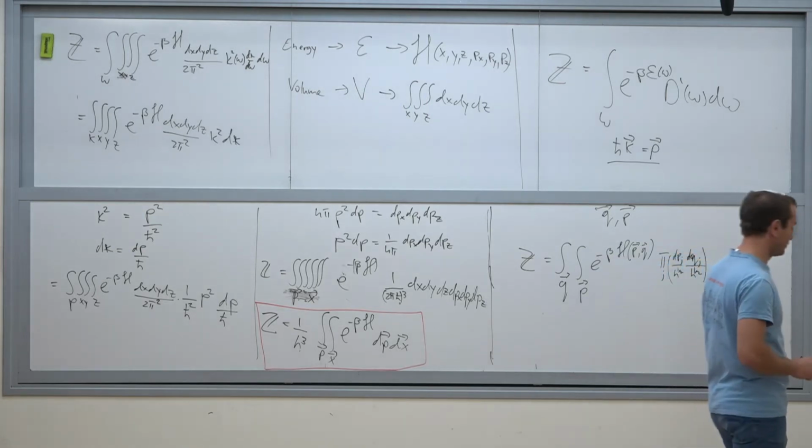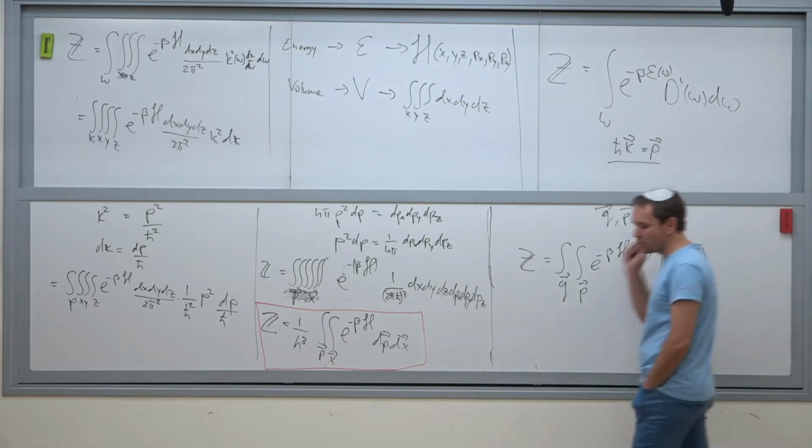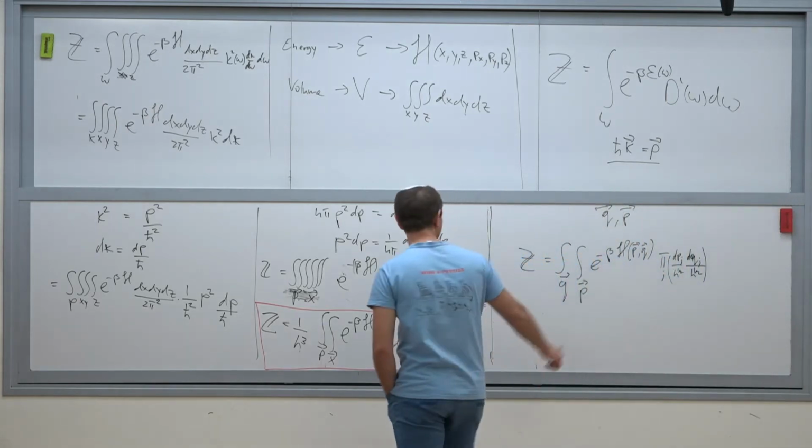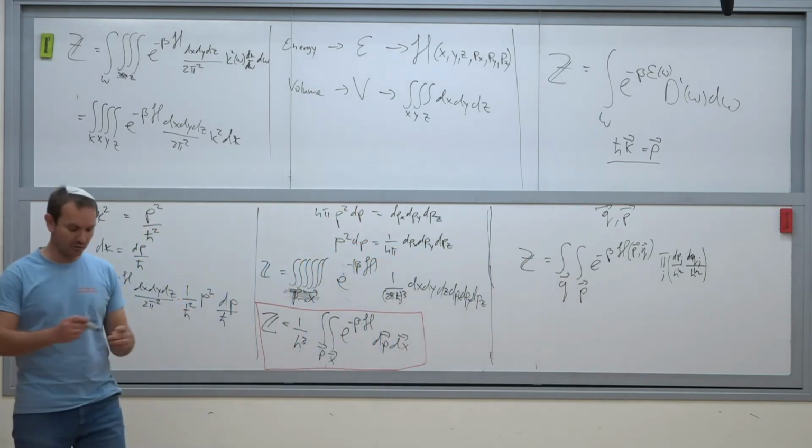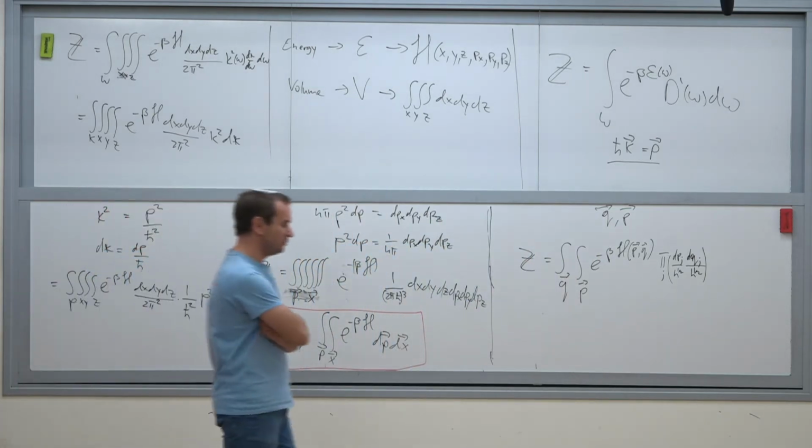Okay, so it doesn't really matter how many coordinates, this was the form of Gibbs, how many coordinates that we have, and where those coordinates came from.